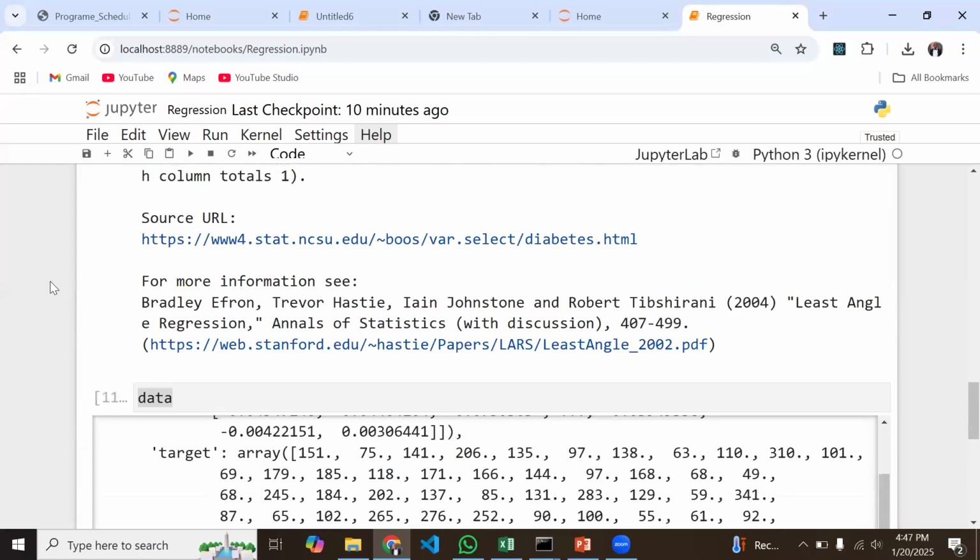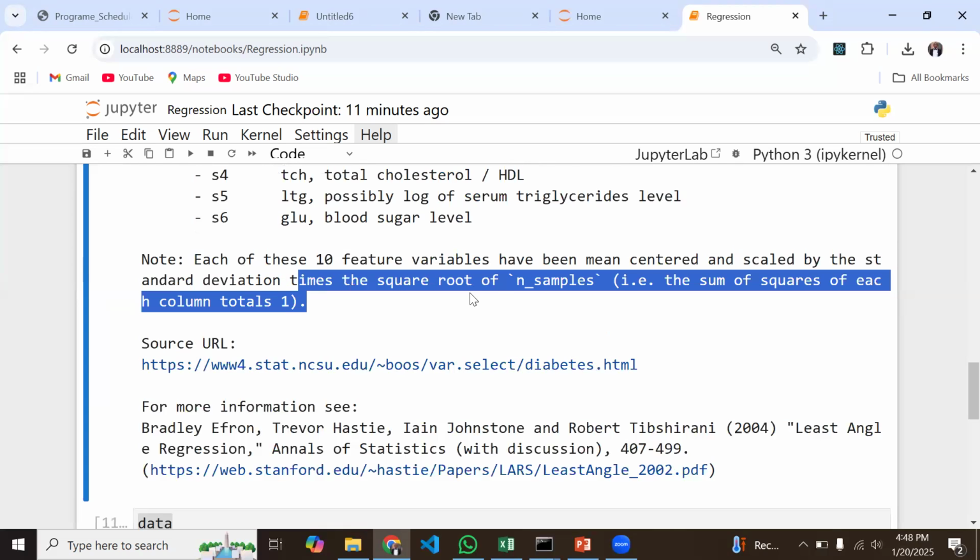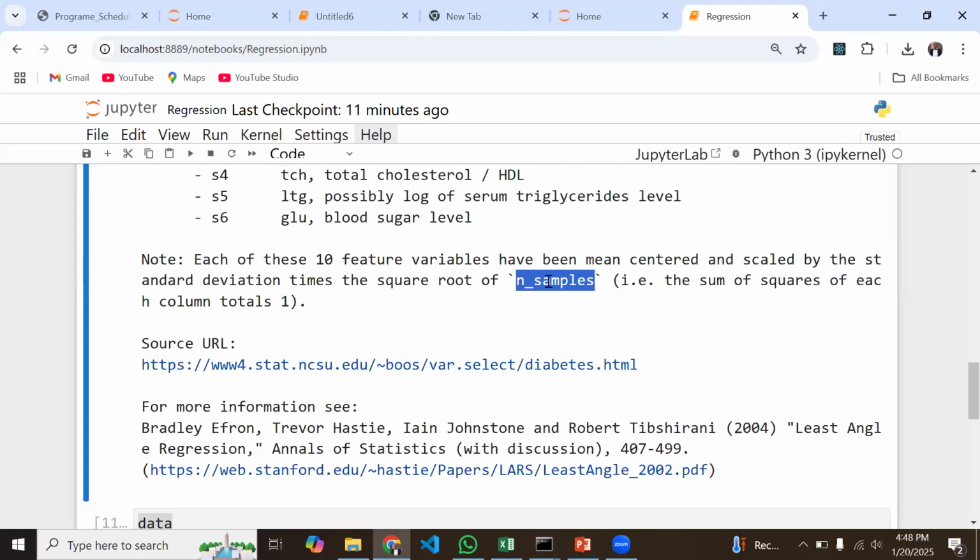The point is, it says that each of the 10 features of the variables have been mean-centered and scaled by the standard deviation times the root of the n samples, and that the sum of squares of each column totals 1.